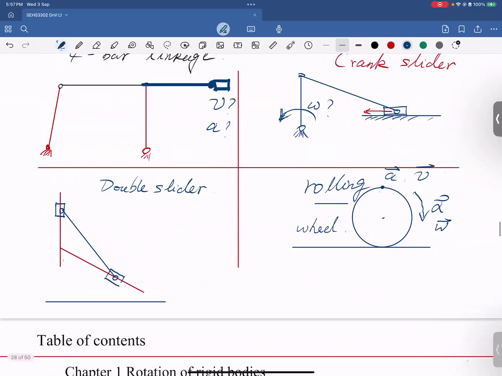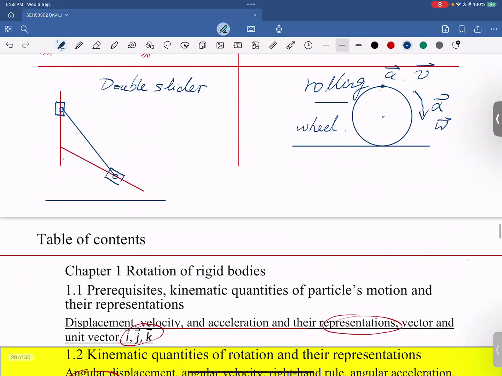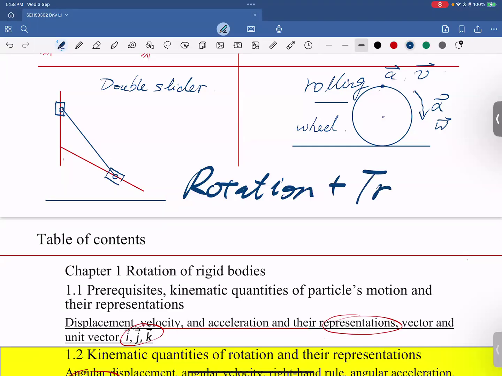So you can see for every motion of the rigid body, actually, we can just divide it into two parts. One is rotation, the other, nothing more. It's just rotation plus translation.